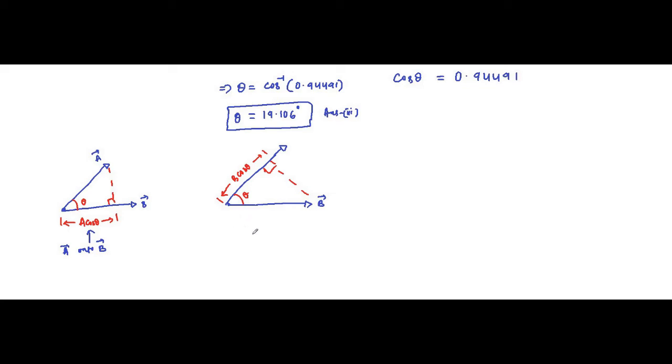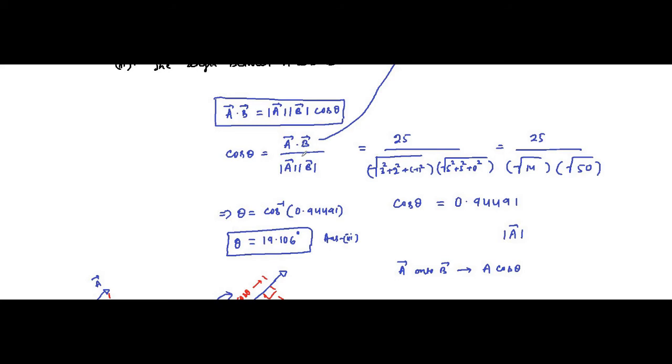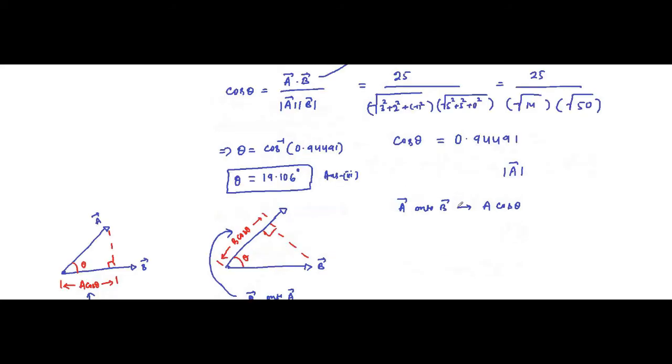So the scalar component of A vector onto B vector is A cos theta, where A is A vector modulus. Now cos theta is expressed as A vector dot B vector by A vector modulus by B vector modulus.